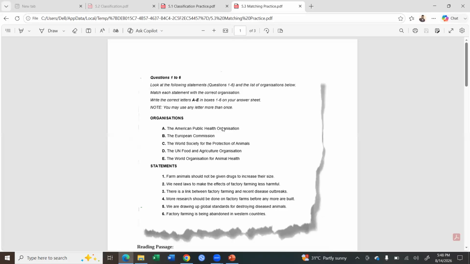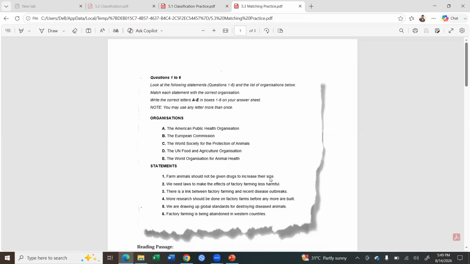Here it is. Statement number 1: farm animals should not be given drugs to increase their size. What is the statement? Farm animals, not be given drugs, and increase their size. These are the 3 keywords, right?